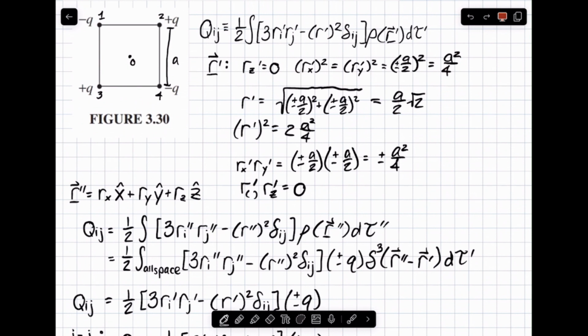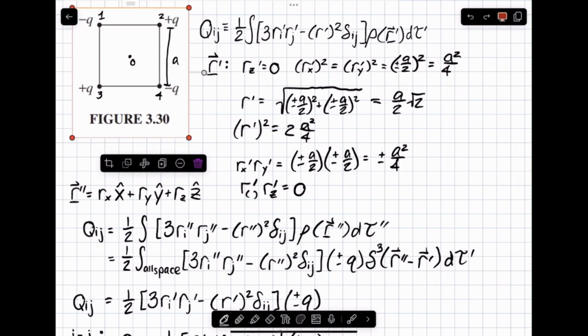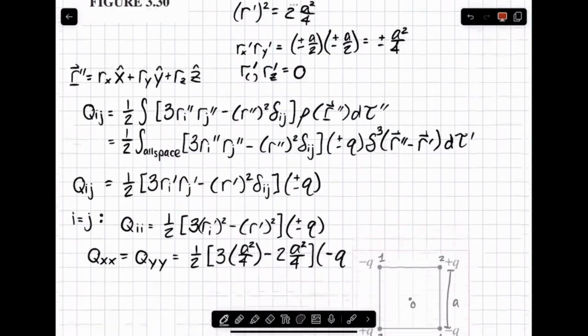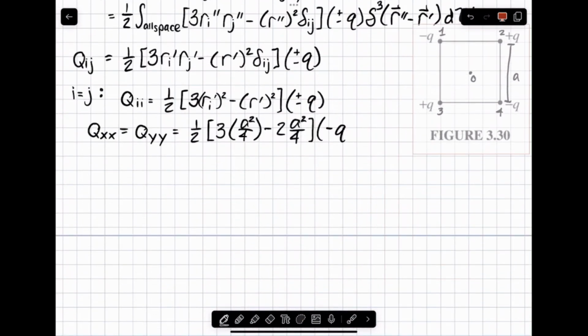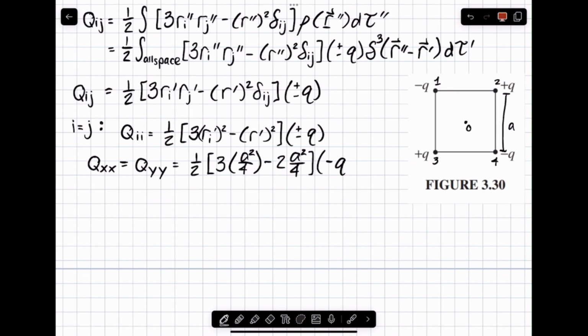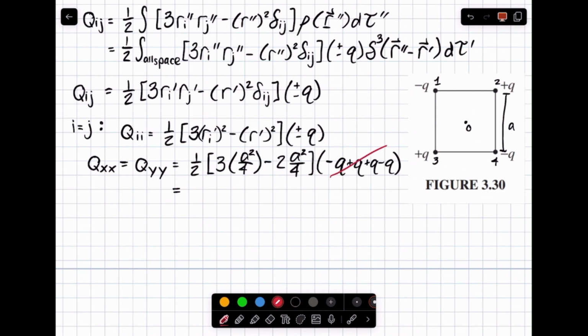So 1 is a negative q, 2 is a positive q, 3 is positive, and 4 is negative. As a matter of fact, I'm going to bring this figure down so we have it for reference. And you can see that this term here will go to 0, and therefore the terms q_xx and q_yy are equal to 0.